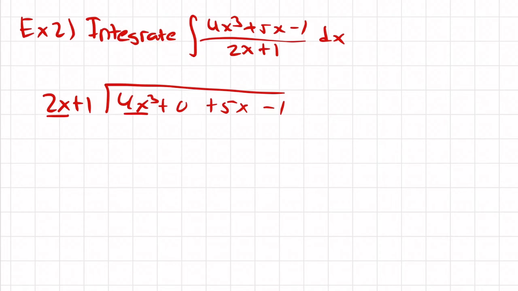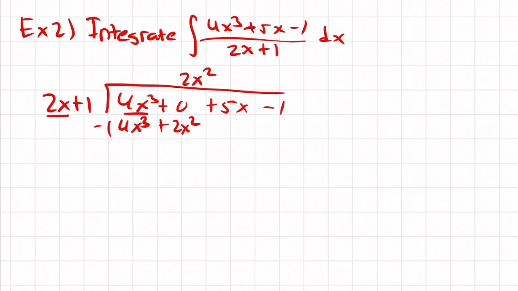In this case, that number would be 2x squared. So now I'm going to multiply 2x squared by 2x plus 1. 2x squared times 2x gives me 4x cubed, and 2x squared times 1 gives me 2x squared. Now we're going to subtract 4x cubed plus 0 from 4x cubed plus 2x squared.